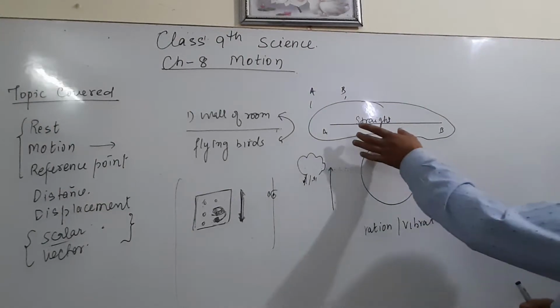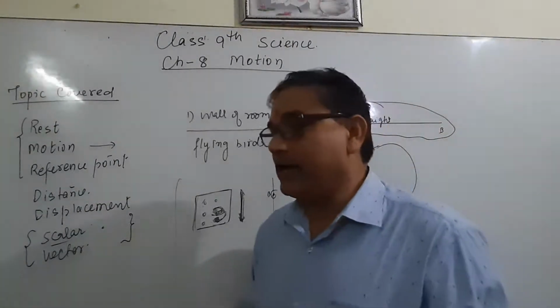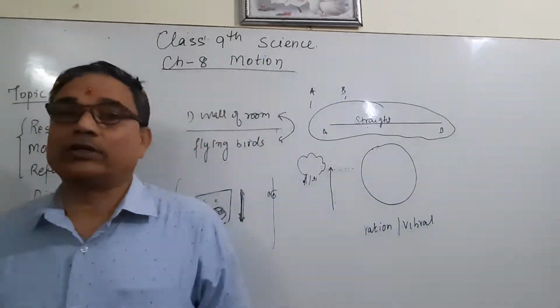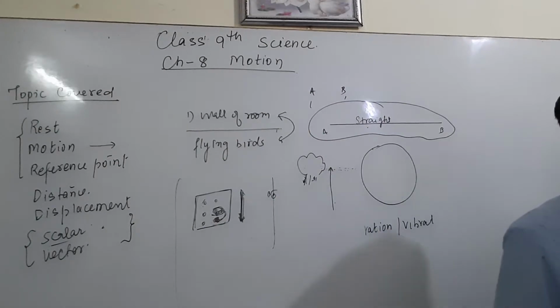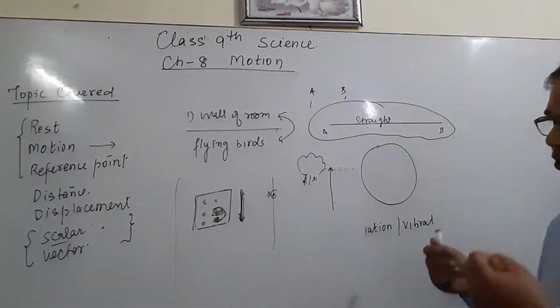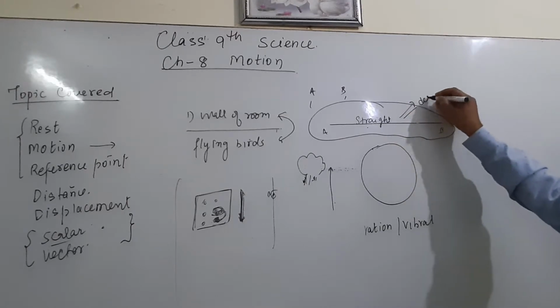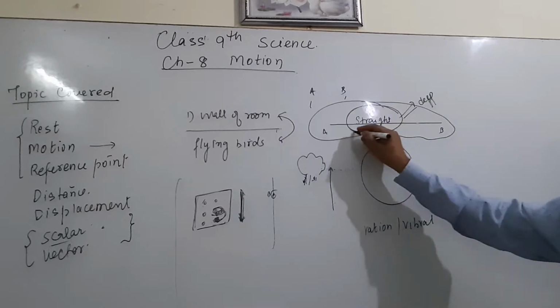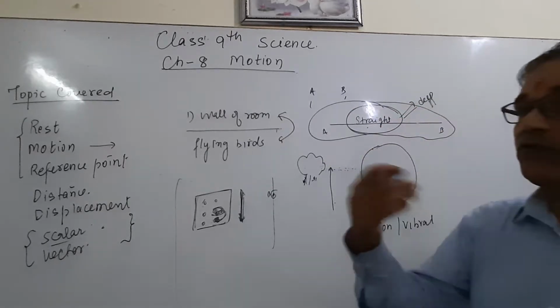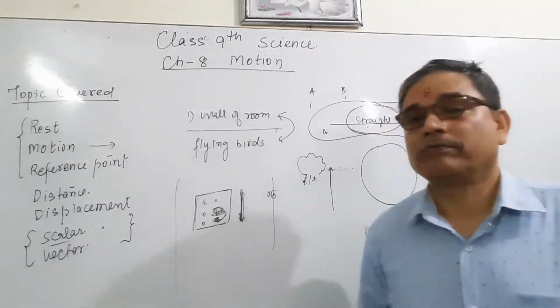And the motion in a straight line can be easily expressed by an equation or in a graph. We will study deeply about the motion in a straight line, which is an easy way to represent in equation or in graph.